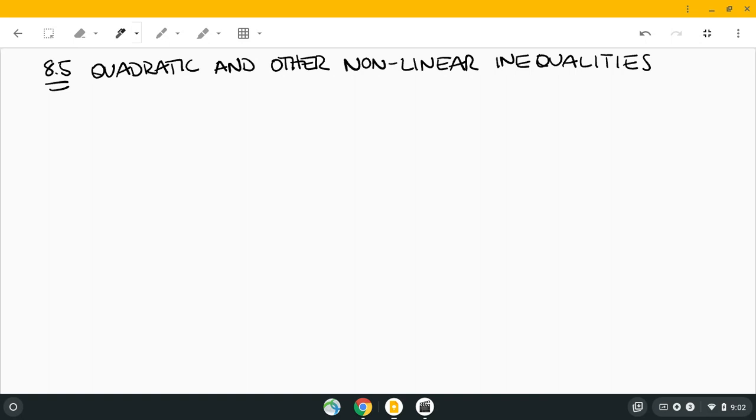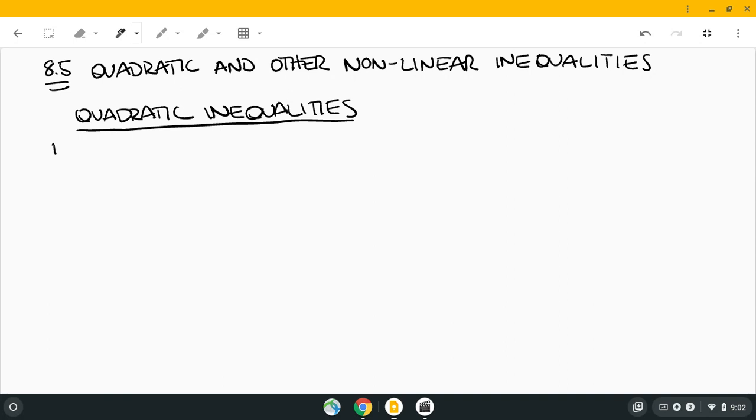All right, so we're going to start with quadratic inequalities. There are definitely steps that you need to follow. The first step you need to do is make sure you set the inequality to 0, if it isn't.